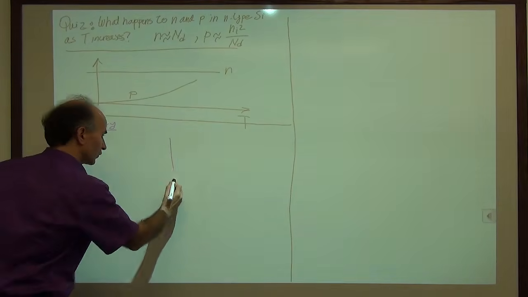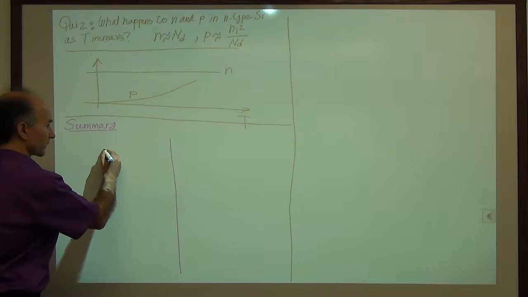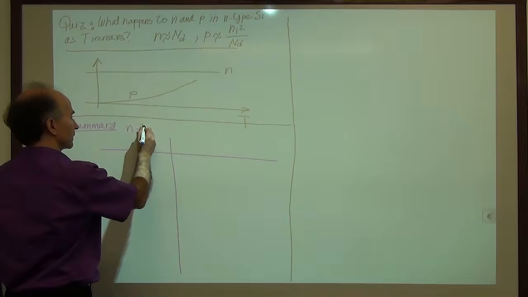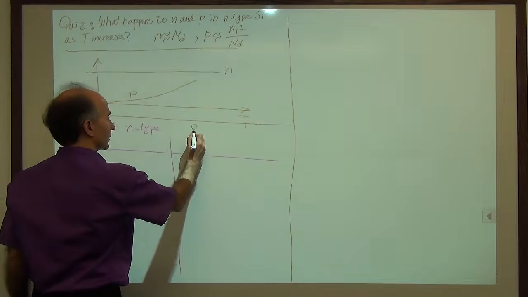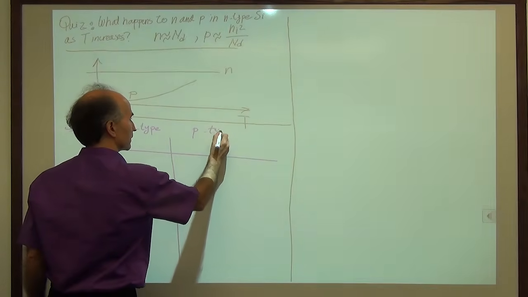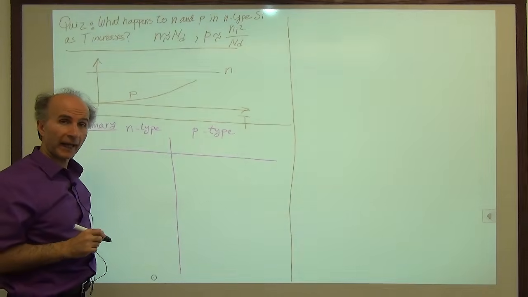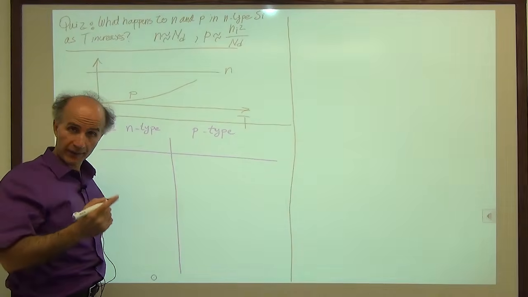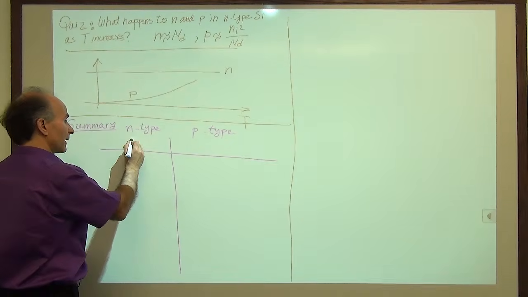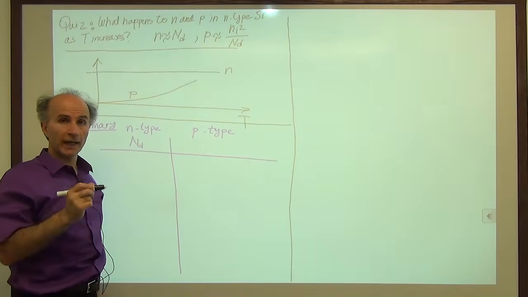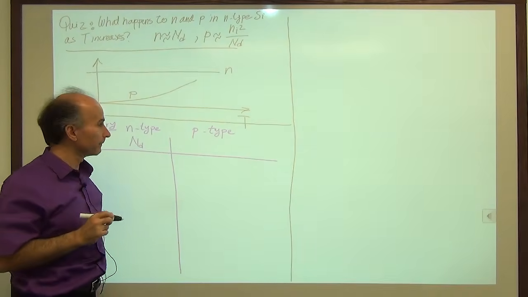All right, so we have seen two types of materials. What we called N-type and what we call P-type. In N-type material, we come along and add donor atoms, for example, phosphorus, with a density of Nd. That means Nd donor atoms per cubic centimeter.